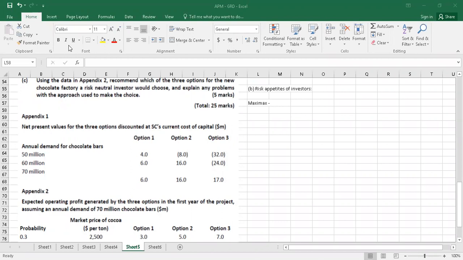What's maximax? See, we see there are three options and three different annual demands for chocolate bars. Now each of them has the NPV calculated and given. We don't have to calculate the NPV.